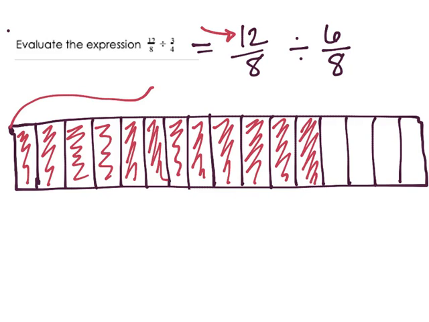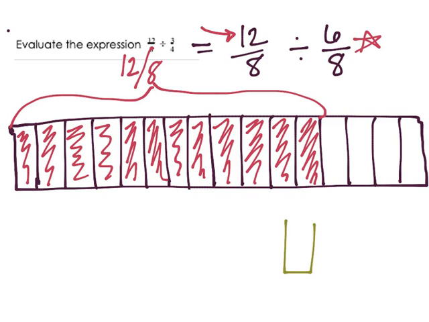I'm going to label this as 12/8. My expression is asking how many 6/8 fit into 12/8. So I need to label groups of 6/8. I know that one box in this tape diagram represents 1/8.